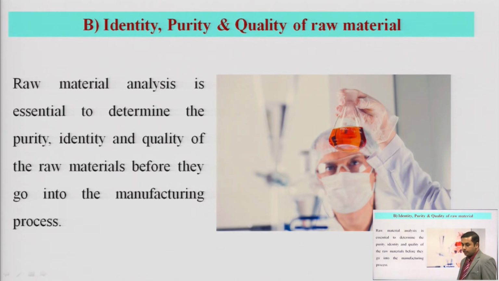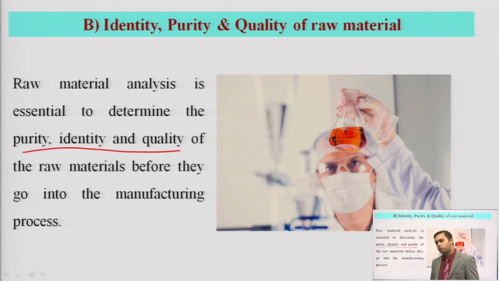Raw material analysis is essential to determine the purity, identity and quality. When the purchasing manager allows the purchase and the raw material is coming, it is kept in the quarantine area. At that time the quality control chemist and quality assurance chemist come into the picture.